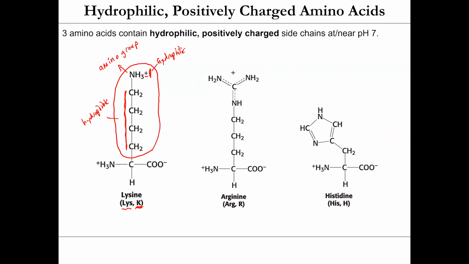And then similar to lysine, we have arginine. So you can sort of group these two together in your head. It similarly has 3 aliphatic methyl groups and then a terminal guanidino group, and that carries a positive charge in its resonance structure.